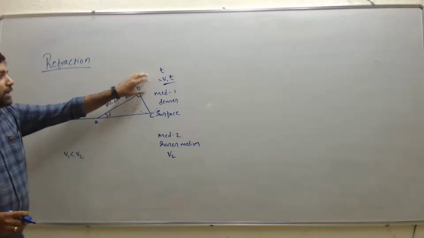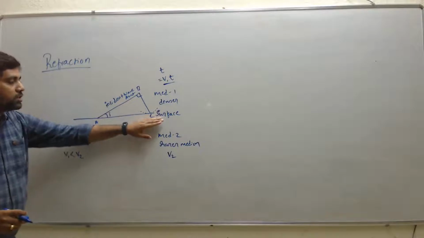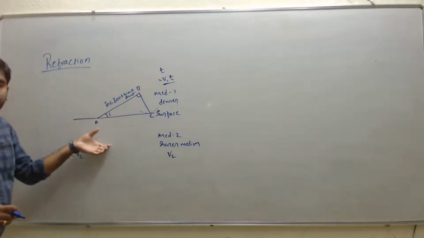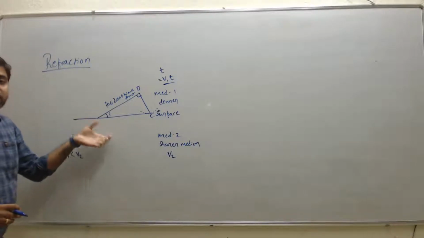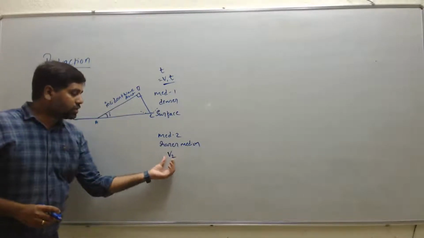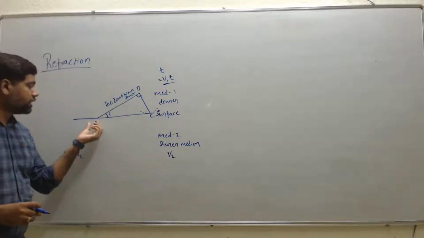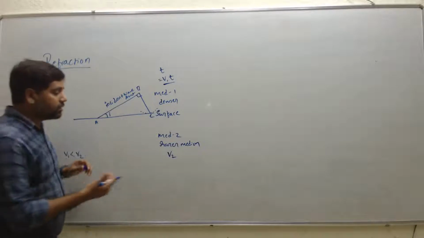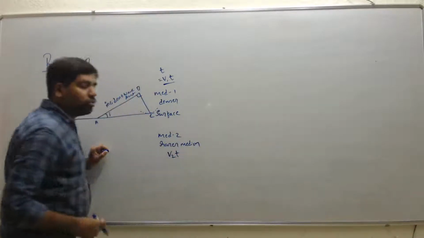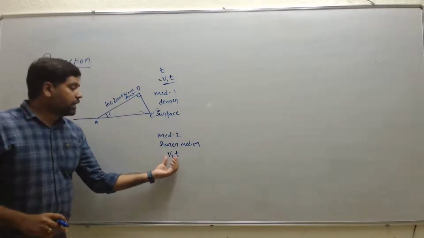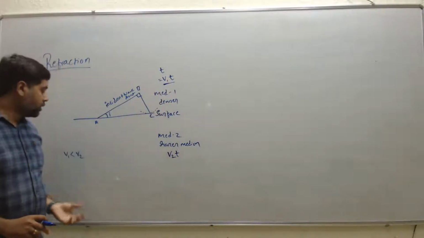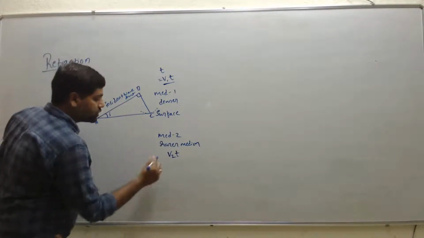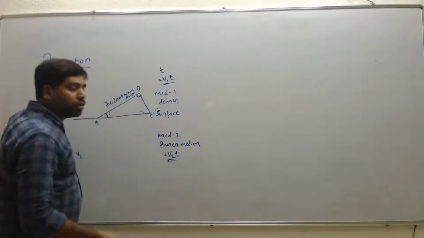The source B takes the time t to reach the point C. In the same time, the point A also travels, that is transmitted into the second medium, but its velocity is v2, because it travels into the rarer medium. Then the distance traveled is v2 t. Here v2 is greater than v1.